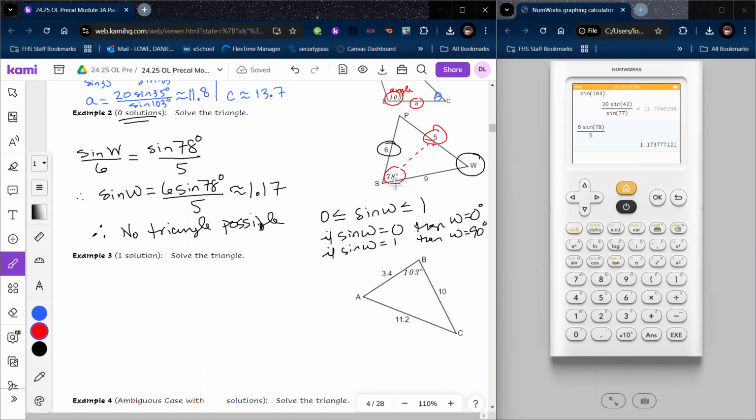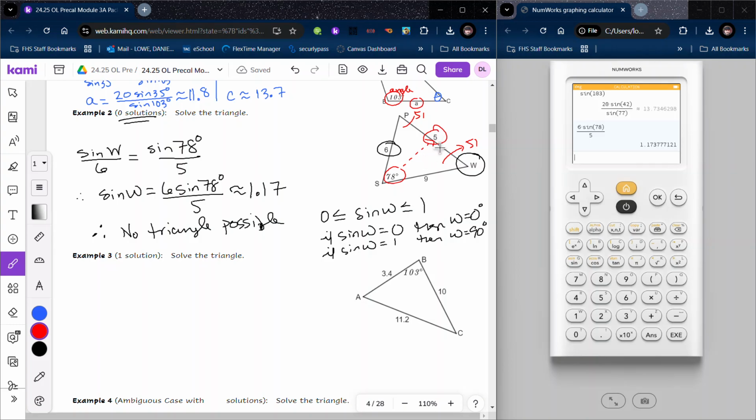Why can I not have 78 degrees be the smallest? Well, if this was an isosceles triangle, I would have 78 with 51 and 51. Or I could start making one of these smaller and one of these larger. Regardless, one of these angles is always going to be smaller than 78 degrees, so 78 cannot have the shortest side across from it.